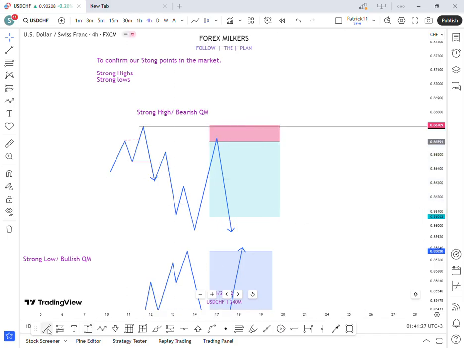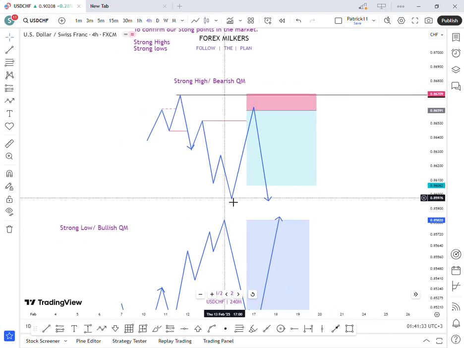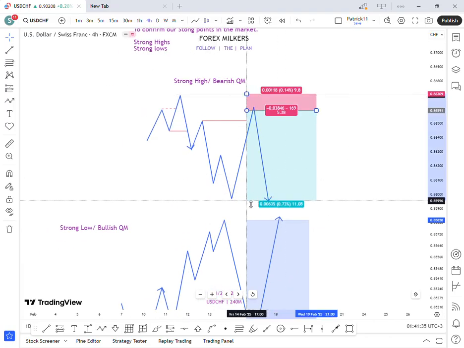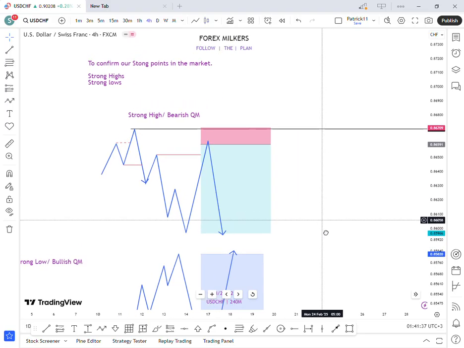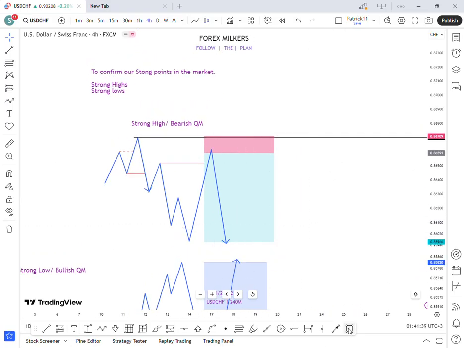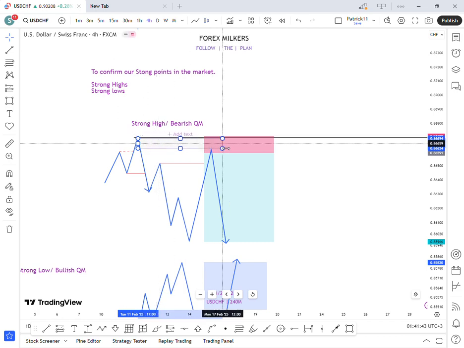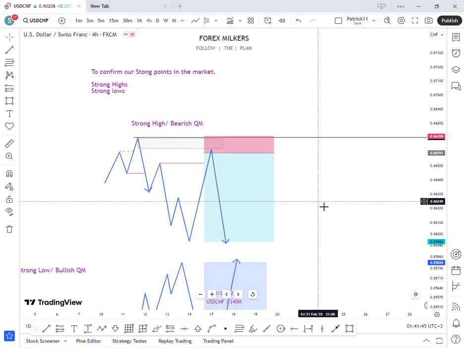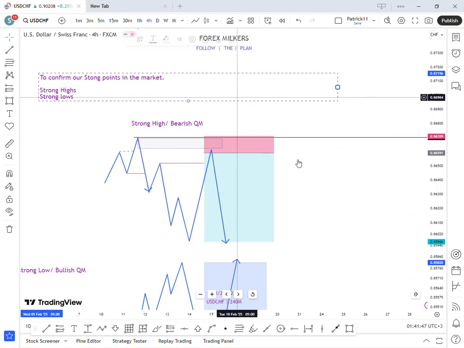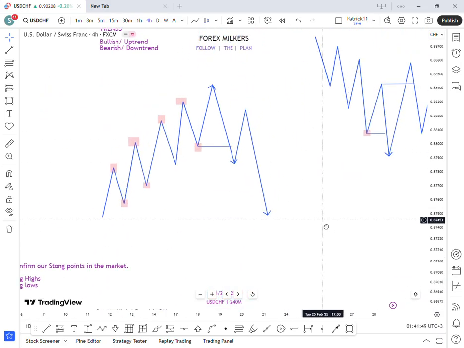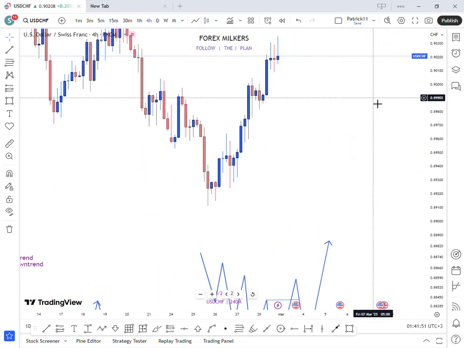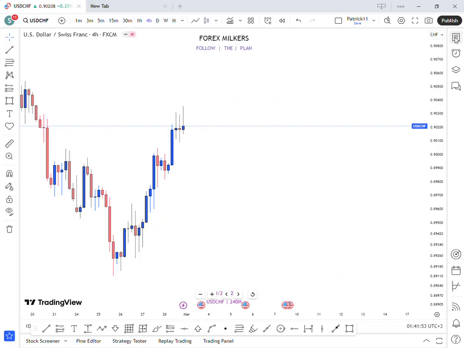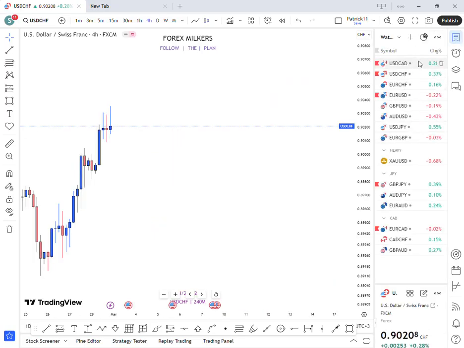So you shall take this 3 candlestick formation over here as the liquidity in this case, so you can target its low. And at this point we shall always have there a supply zone for you to sell from. I hope that makes sense, so I can head over to the charts to show you some of the examples.